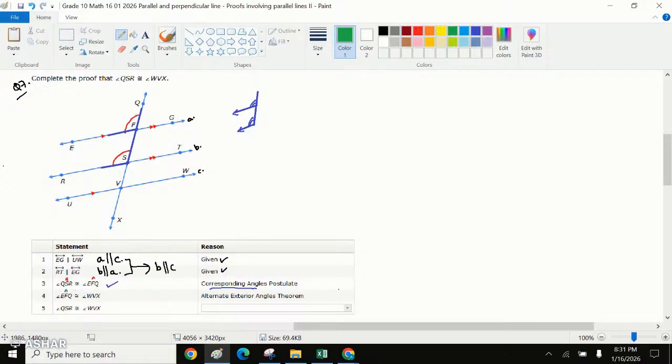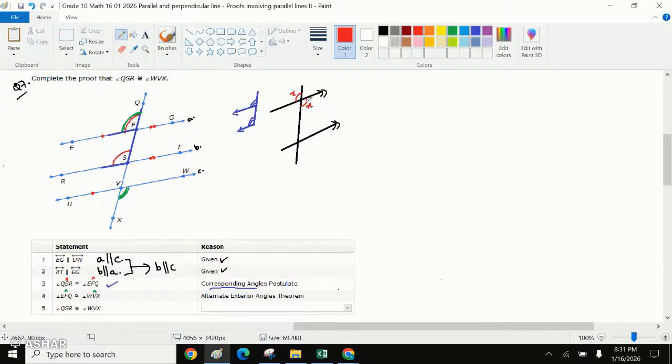Okay. So next one is EFQ. Where is EFQ? This angle, WVX. This angle. What they are trying to say is this angle should be equal to this angle. And we know that if we have two parallel lines which are being intersected by a single line, then if this angle was x, then this would be x.